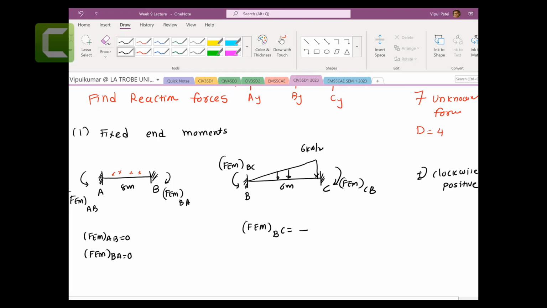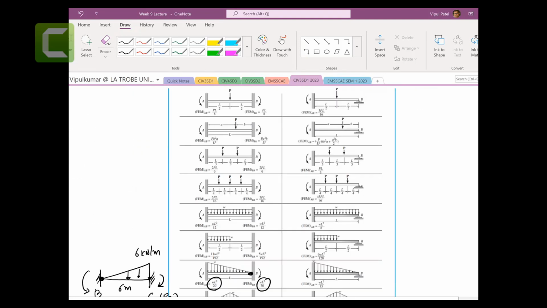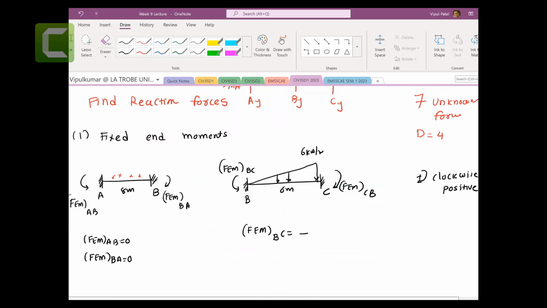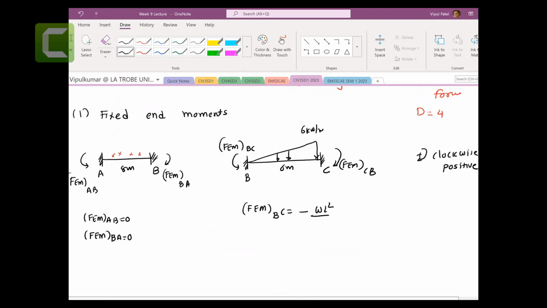You remember that, right? In our displacement method, all clockwise are positive. So this is anti-clockwise, so that is minus, and the BC equation was WL squared on 30. Minus 6 kilonewton per meter times length of 6 meters squared over 30. So that will give me a value of minus 7.2 kilonewton meters.